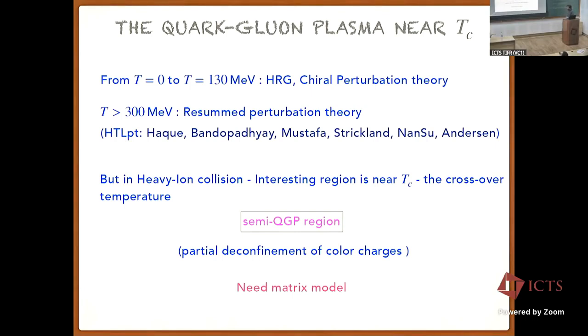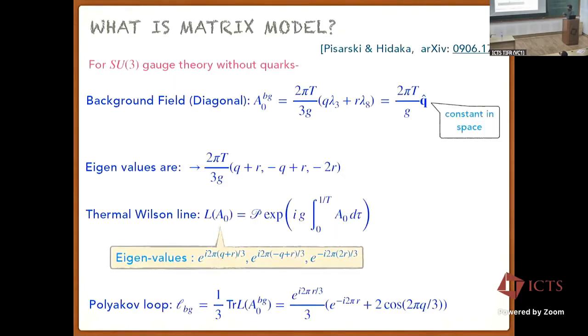So to explain this region, I'll use the matrix model, which is essentially developed using the order parameter of the deconfinement phase transition. So how do we model a theory with the order parameters?